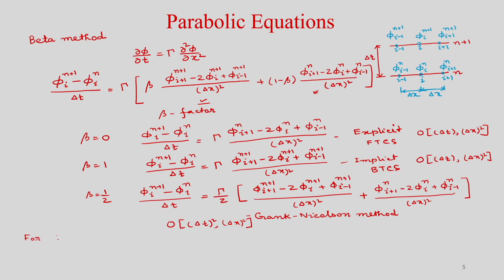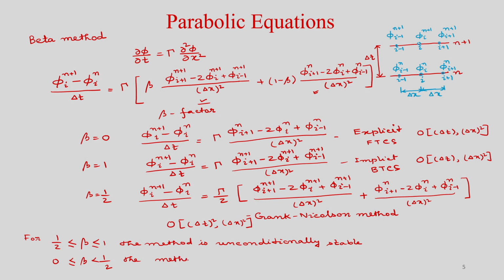In general we can write that for half less than or equal to beta less than or equal to 1, the method is unconditionally stable, but if beta varies between 0 and less than half, then the method is conditionally stable.